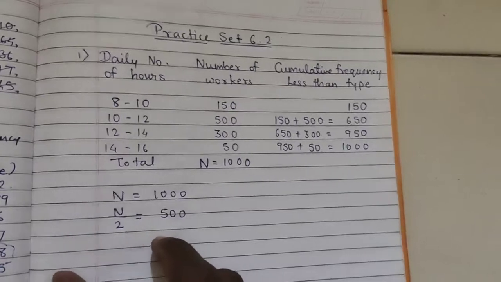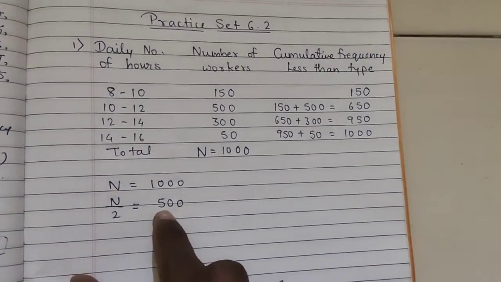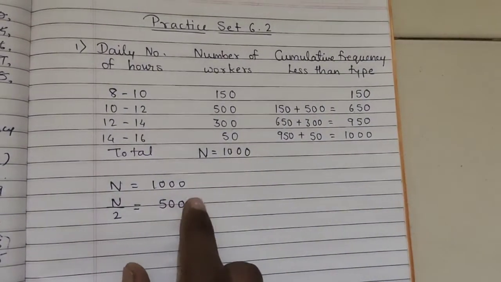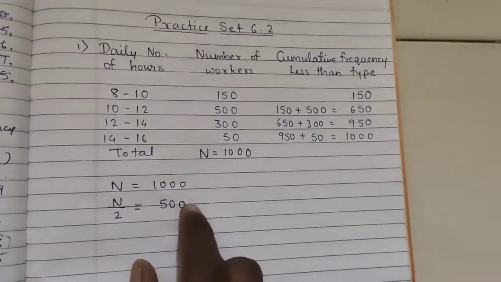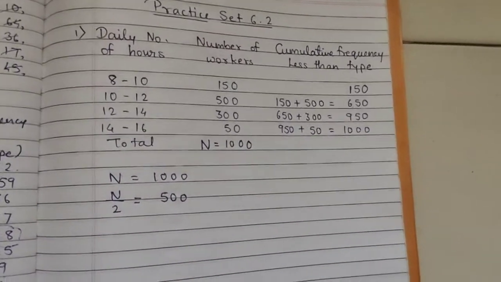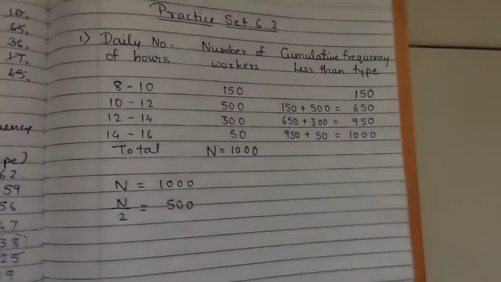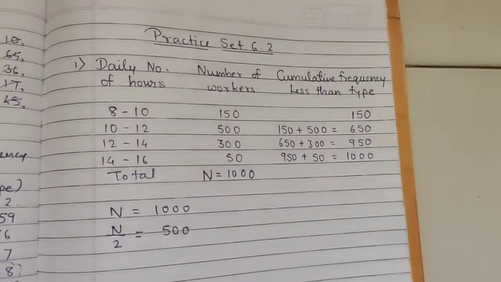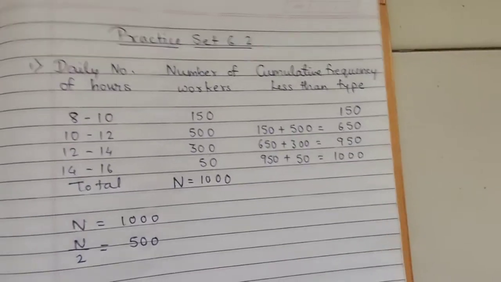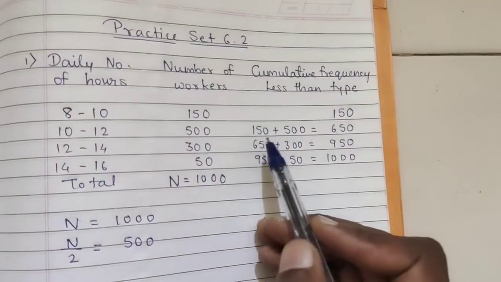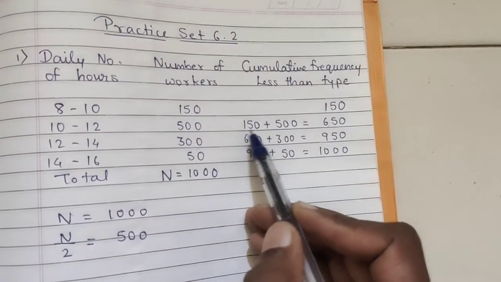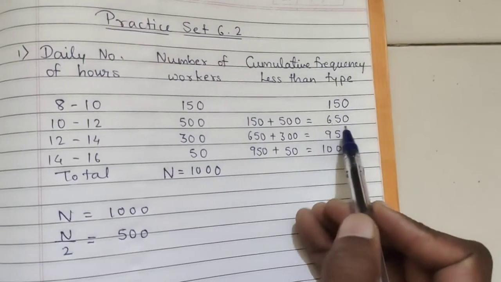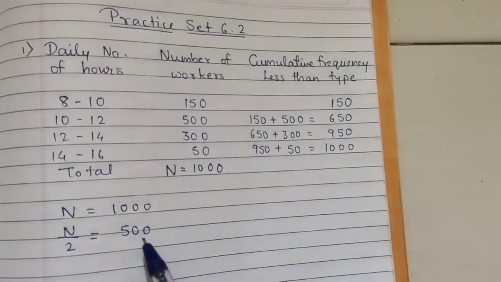Now, students, you will find the class which contains this 500th entry. We are supposed to concentrate on the median class. See in this one, the cumulative frequency starts from 150 and ends at 650, and we want 500.